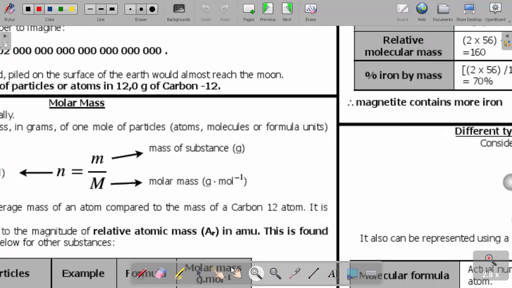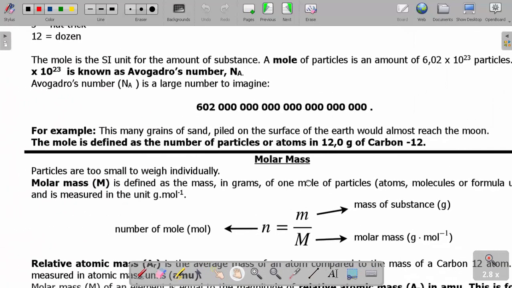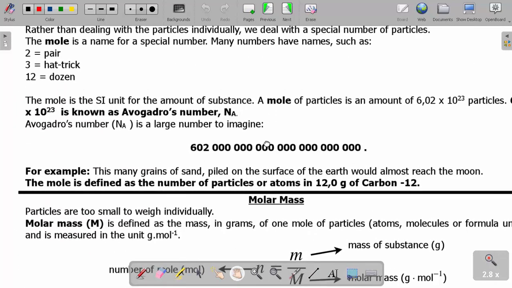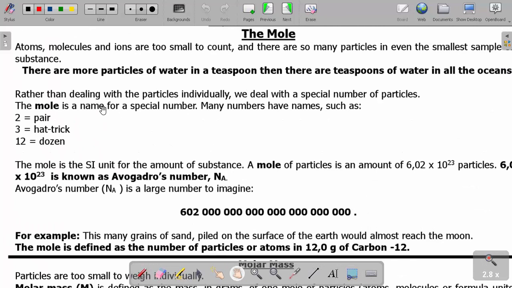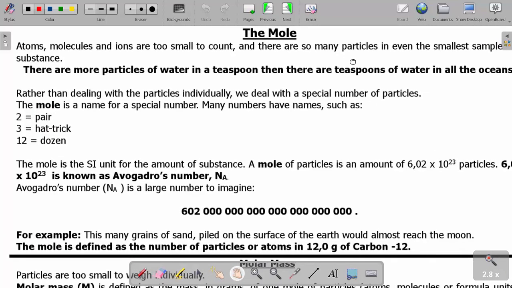Now, I want you to understand that atoms, molecules and ions are too small to count, and there are so many particles in even the smallest sample of a substance.